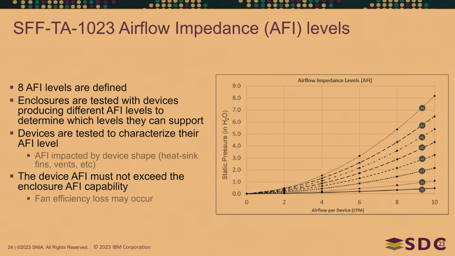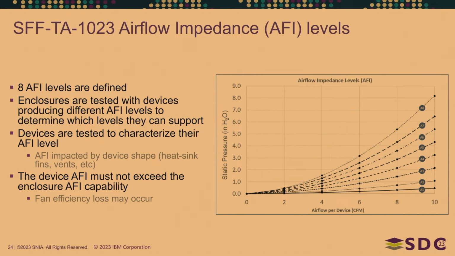So the first characteristic you look for is airflow impedance. The spec defines 8 airflow impedance levels, A1 through A8. The enclosures are tested with devices of different AFI levels to determine which levels they can support. You can impact this through fan design, ducting, and all that.